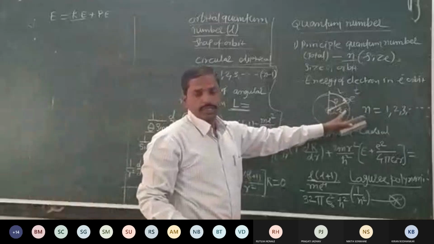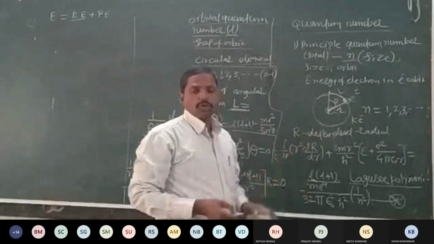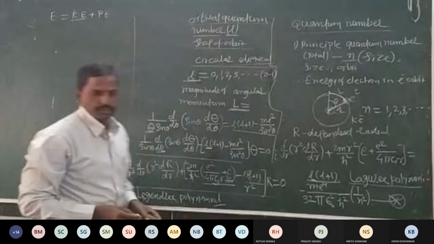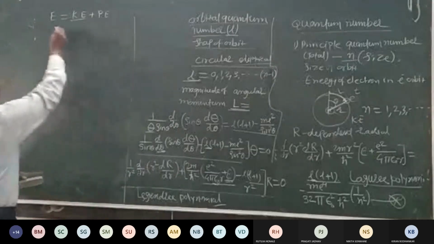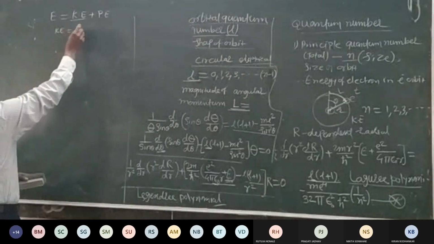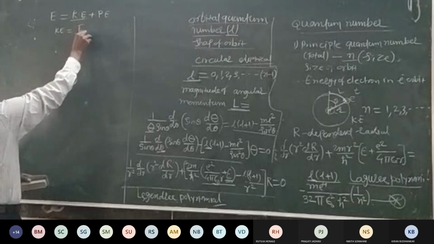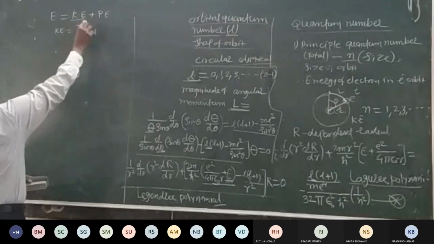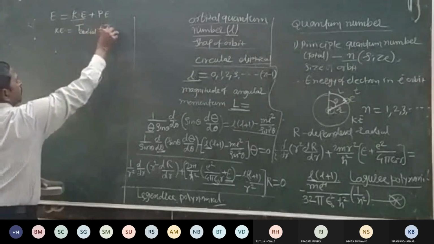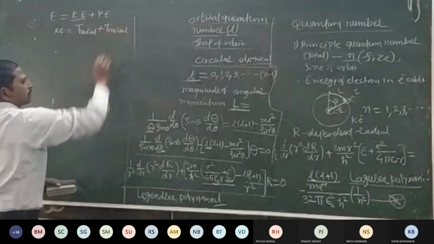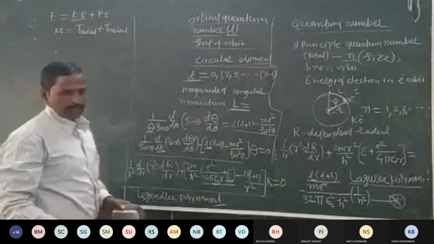This kinetic energy of the electron in the electronic orbit is also divided into two components: T radial, the radial kinetic energy, plus T orbital, the orbital kinetic energy.